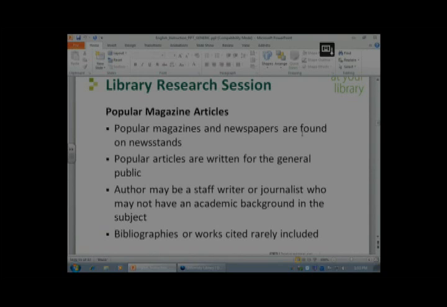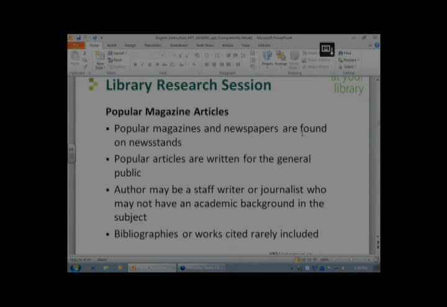The authors on the popular side could be a staff writer or journalist. They may not have the academic background in the subject matter that most scholarly publishing will have. That's not to say that journalists don't have academic qualifications. Some of them have a great deal of academic qualification that they bring to their work, but it's not always a necessity on the popular magazine side for the kind of writing that goes on there.